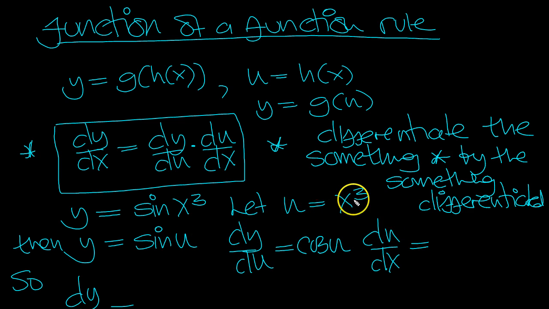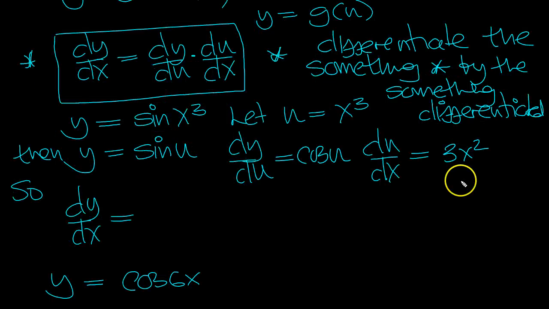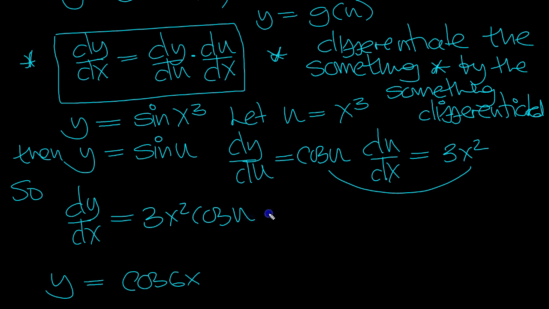When we differentiate du/dx, we get 3x squared, don't we? So dy/dx would be dy/du times du/dx, so these two multiplied together. So 3x squared cosine u. And at the end of the problem, make the substitution back. Cos of u is x cubed, so it's 3x squared cos x cubed.